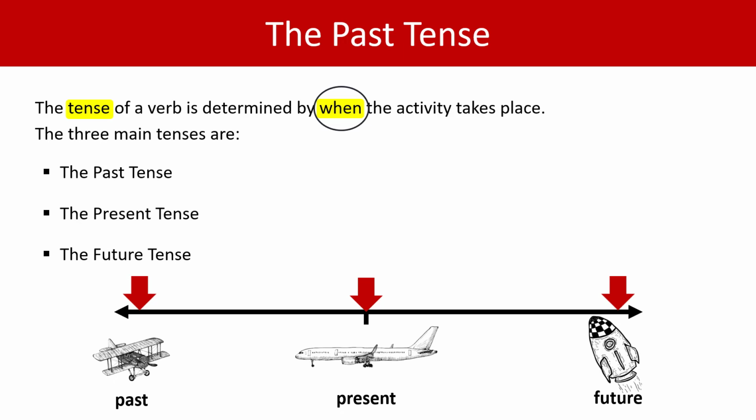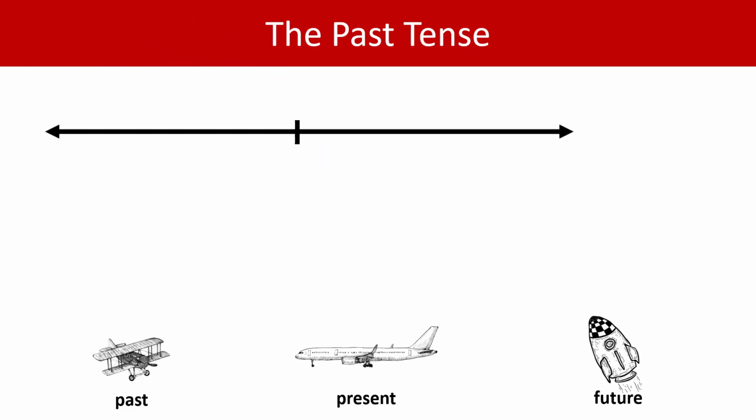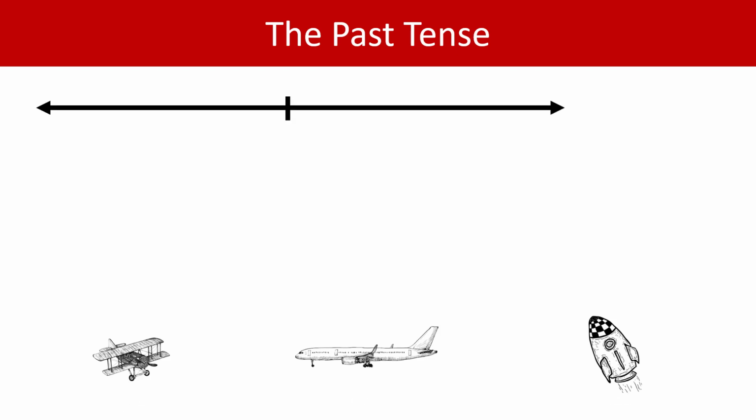In this video, we're going to be talking about how to describe the activities that take place on this part of the timeline. In other words, activities that took place before now. Okay, let's clear that and let's put our timeline to the top to give ourselves a bit more space.